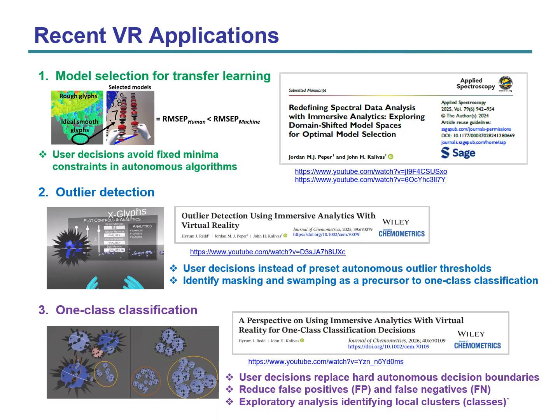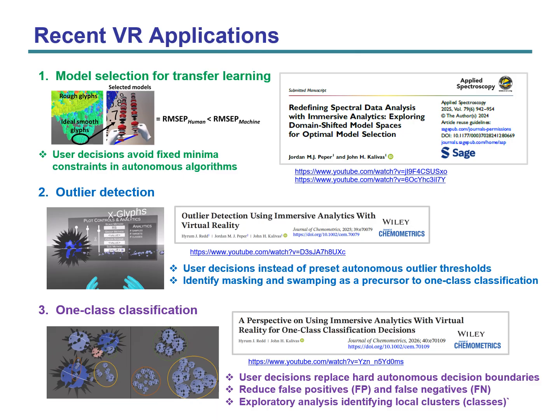We did outlier detection, and the nice thing about the outlier detection is that we could identify masking and swamping, which we needed to be able to do because that was going to be a precursor actually to our third project, one class classification. And you can go to these YouTube videos as well as these papers to read more about them.